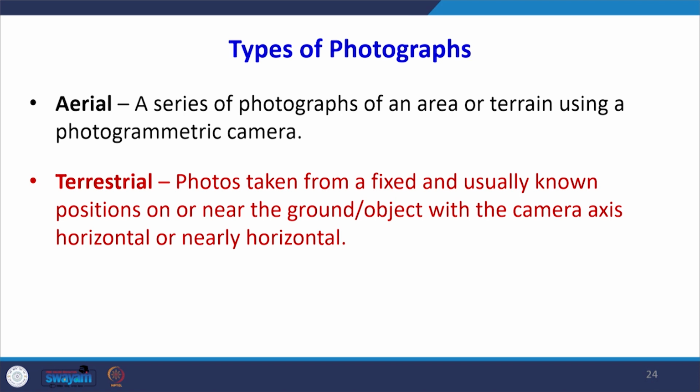The second category in photogrammetry is the terrestrial photographs. When we are closer to the ground, we have set up our instrument tripod closer to the ground, and the camera is facing the object. So in the first case, the camera is looking downward, and in the second case the camera is looking in an almost horizontal direction.